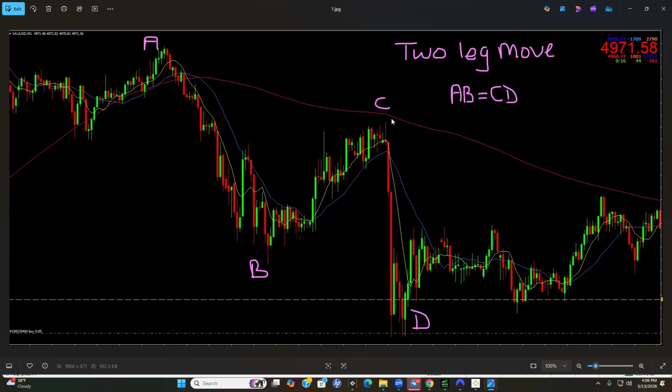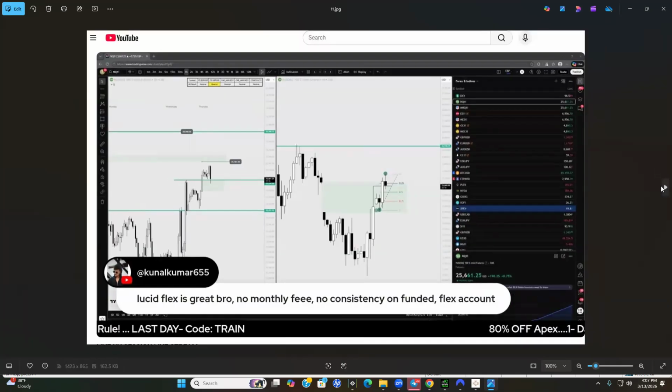I love playing the two-leg move. Now this is a big two-leg move, but sometimes we also have a smaller two-leg move. I mean, even within this, I wish I could find one, but maybe next time.